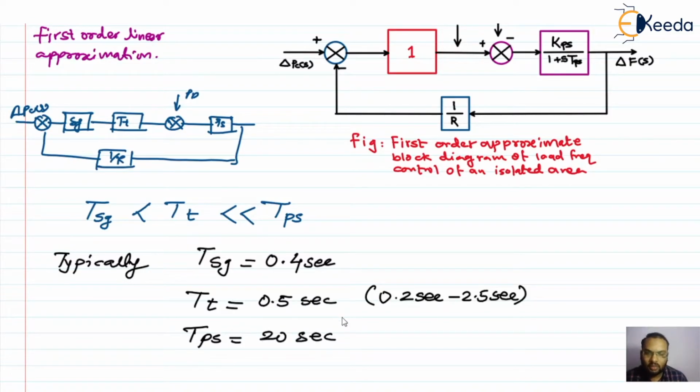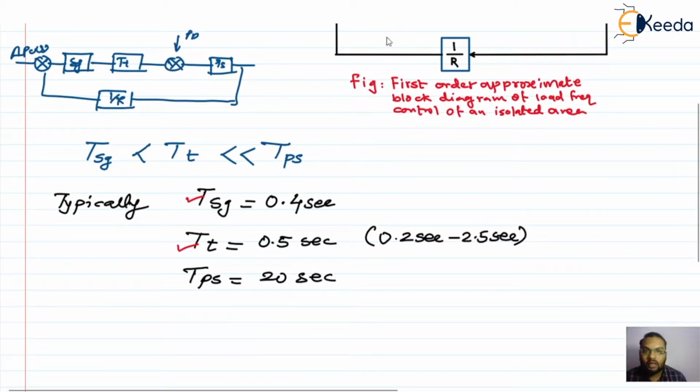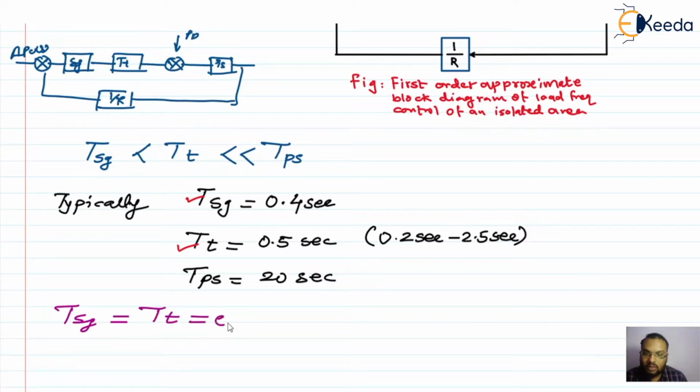Typical values I'm taking. If you compare the value of TSG and the turbine time constant, they are very small compared to the power system time constant. So what we can do is let TSG equal to TT equal to 0, as they are very small compared to TPS.